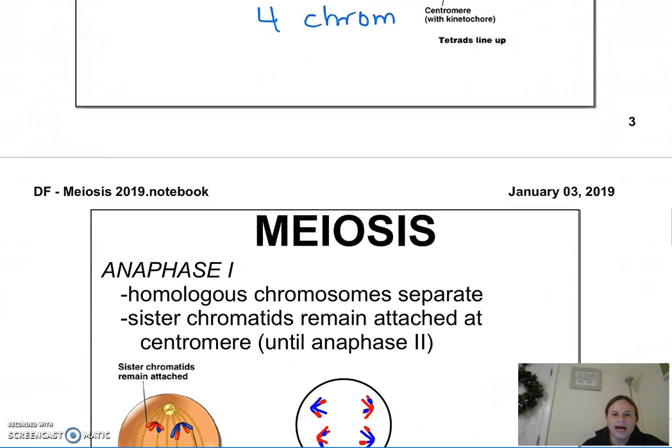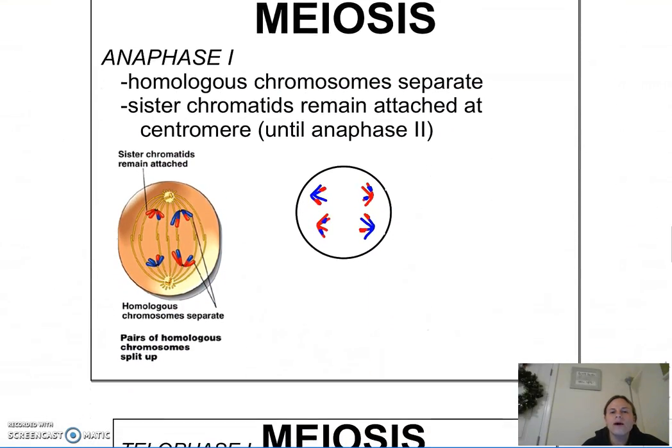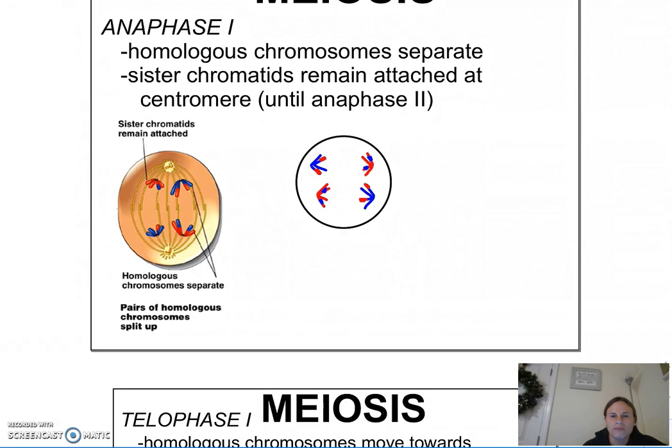Moving on to anaphase 1, well, now our homologous chromosomes separate, but our sister chromatids remain attached at the centromere. So here's my first homologous chromosome, here's my second homologous chromosome, here's my third, and here's my fourth. I still have 8 sister chromatids. I have 1, 2, 3, 4, 5, 6, 7, 8. So at this point, I still have my diploid number of chromosomes in my cell.